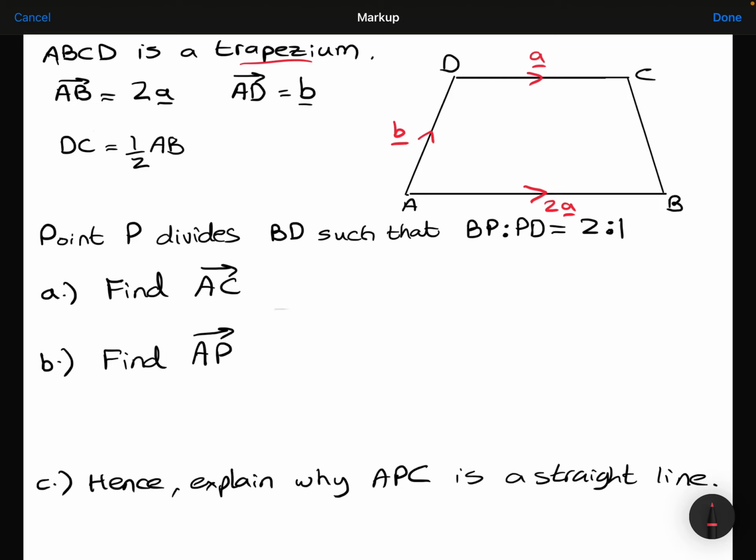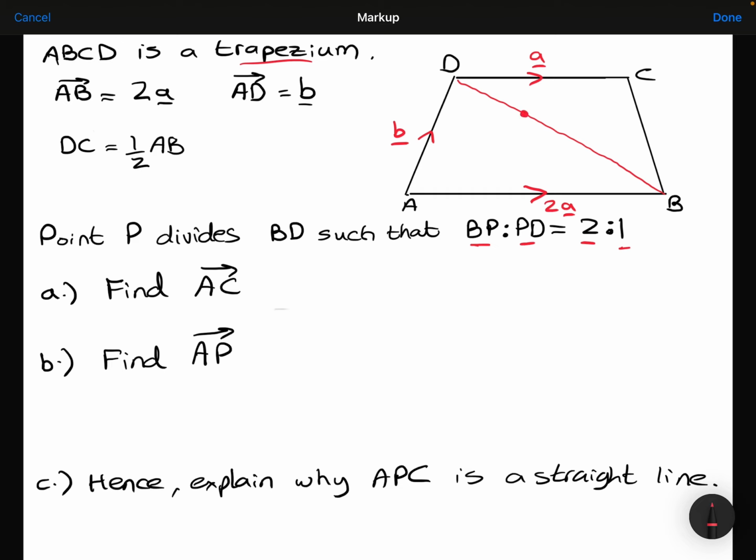I'm then told that point P divides BD. So first of all, let me mark on the line BD. Here's BD. And P divides that, which means P is on that line, such that the ratio BP to PD is 2 to 1. So BP is 2, PD is 1. So the distance BP is bigger than PD.